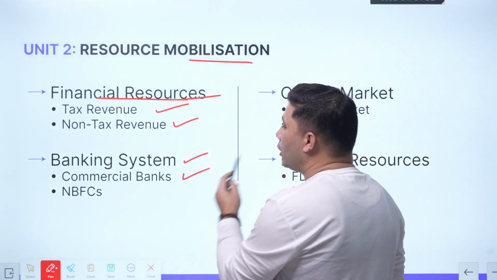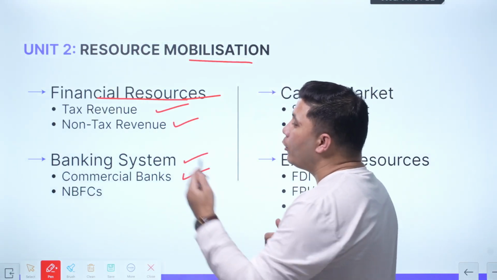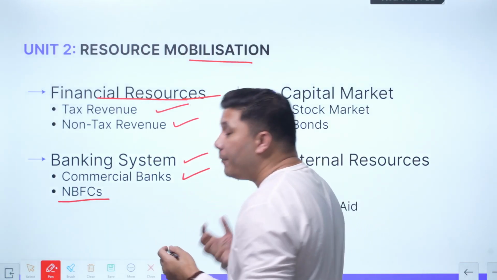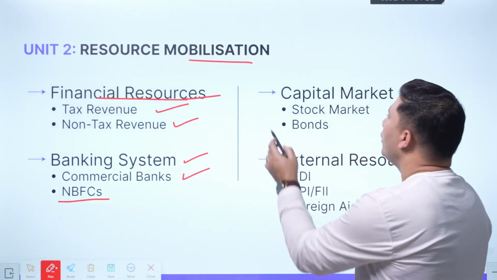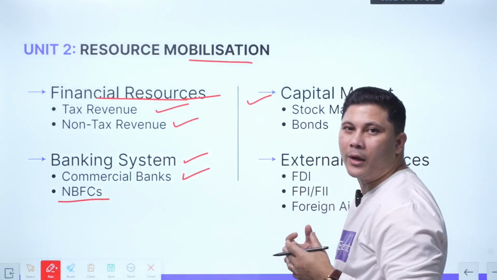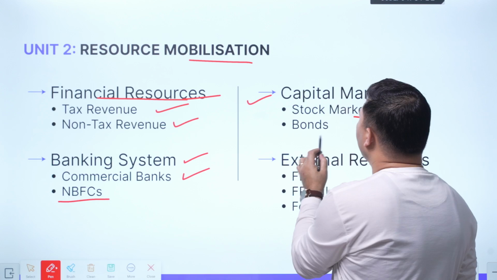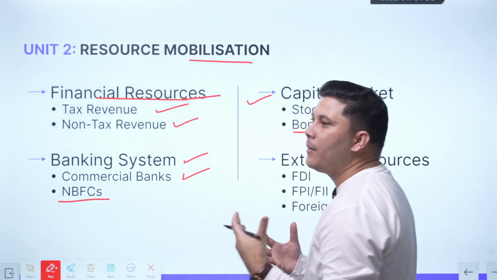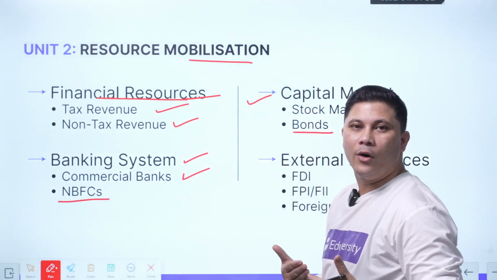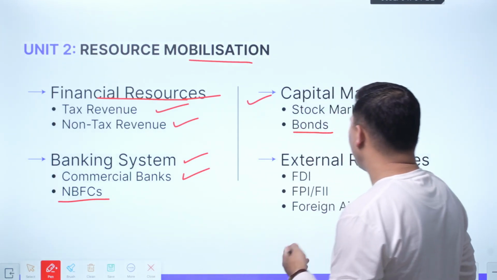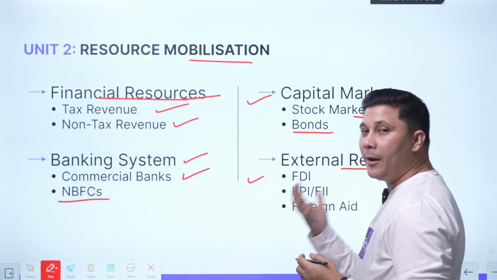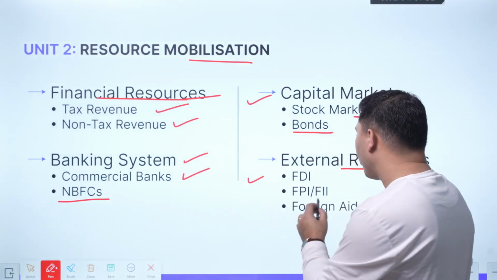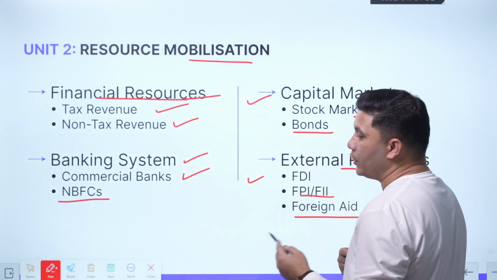You have to know the operations of the commercial banks, and the operations of the NBFCs, non-banking financial corporations. Then you have to know the capital market. You have to know the stock market, the bond in the capital market. A lot of domains are there, so you have to know the capital market very well. Then you have to know the external resources. That means you have to know the FDI, foreign direct investment, FPI, foreign aid.